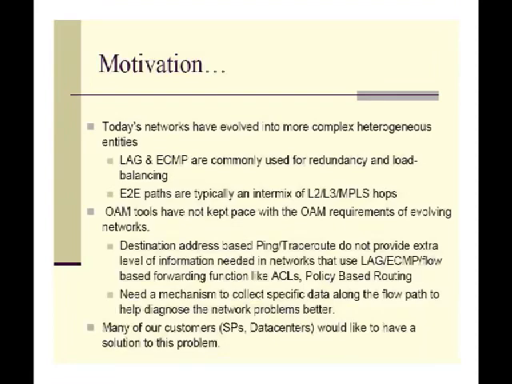I'm not talking about dumping your entire register set or all the counters that you can think of. I'm talking about selective information which the operator has control over. We feel that there is value in being able to specify the information and collect that along the actual path that a traffic flow would take.